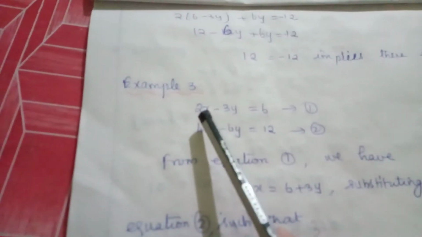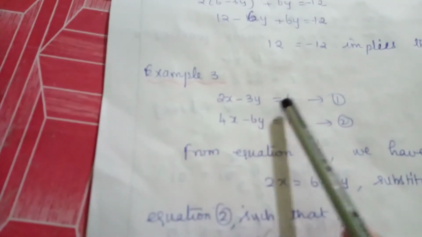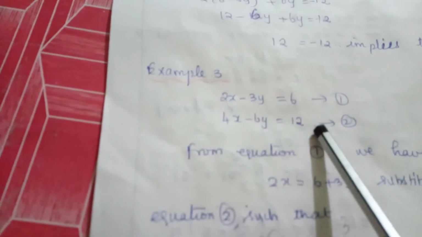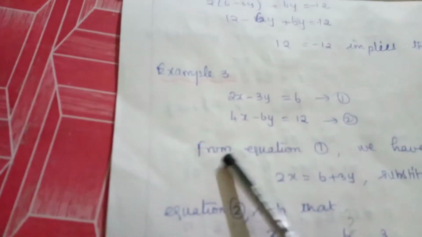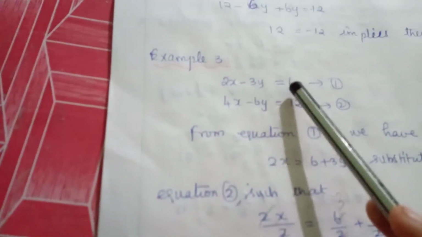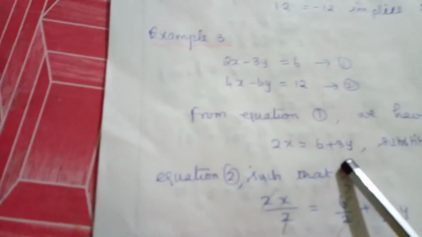The next example, example 3. The first equation is 2x minus 3y equals 6, and 4x minus 6y equals 12 is the second equation. From equation 1 we have 2x equals 6 plus 3y.